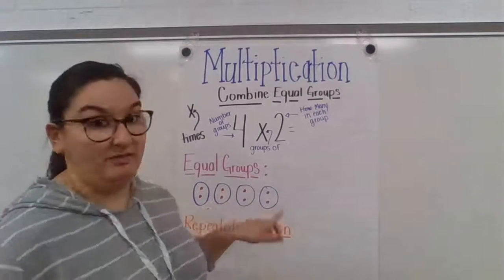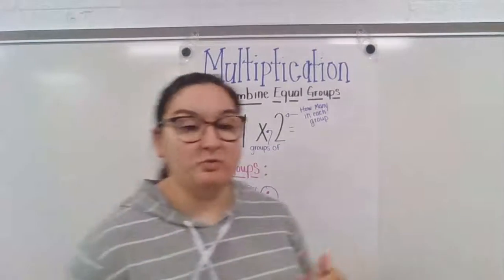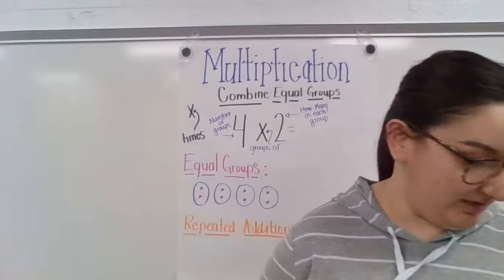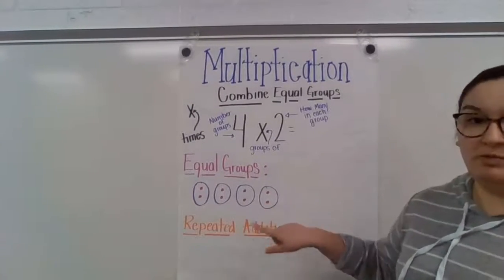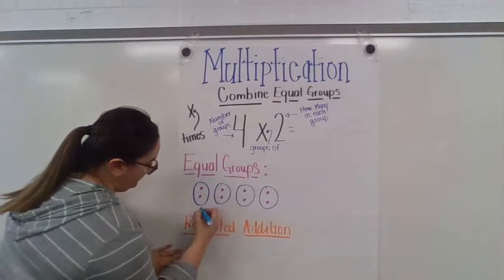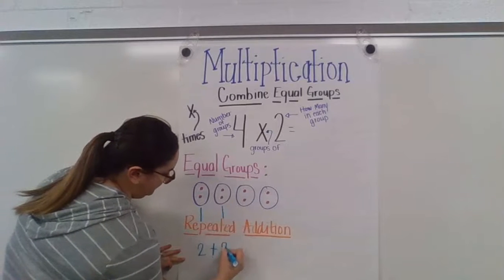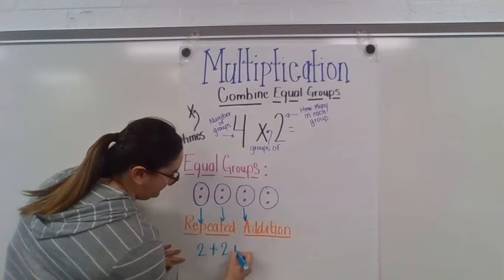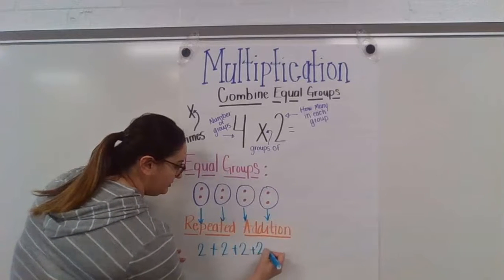I can count what's inside, or I can add the equal groups, which we call repeated addition, because we're adding the same number over again. Okay, so if I wanted to add what is in my groups, I could say 2 plus 2 plus 2 plus 2.